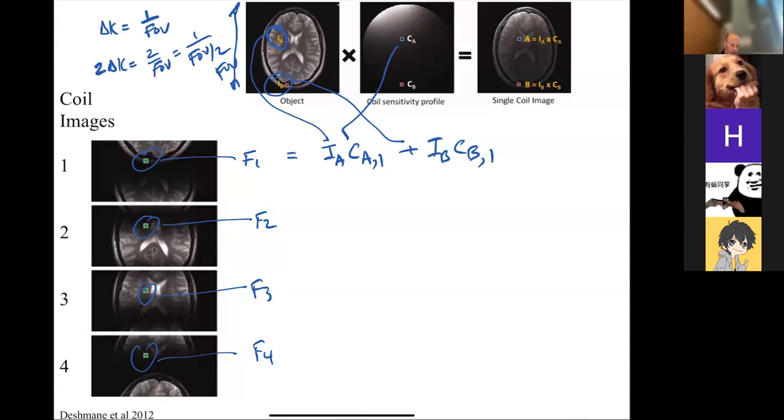Okay. So we can repeat this for every other coil. And you notice the IA and what we want to solve for is the same in every row here, right? I'm just changing the coil sensitivity pattern.